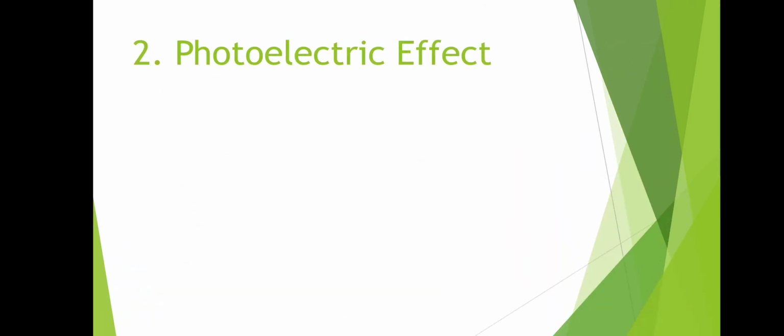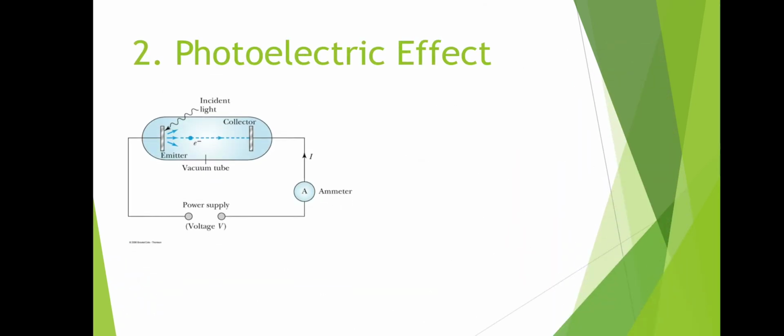Next, the photoelectric effect. This is the basic experiment of the photoelectric effect, in which incident light is directed onto an emitter which has electrons. The emitter is actually a metal rod that contains electrons.